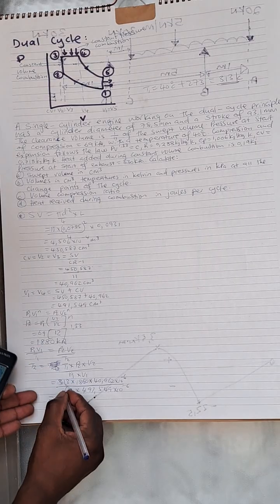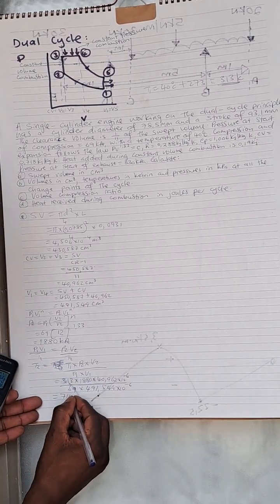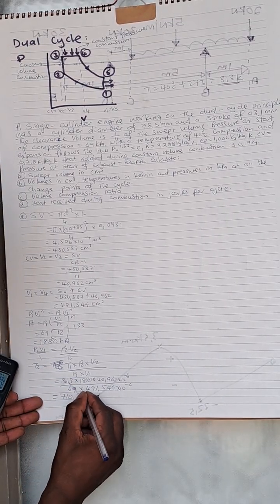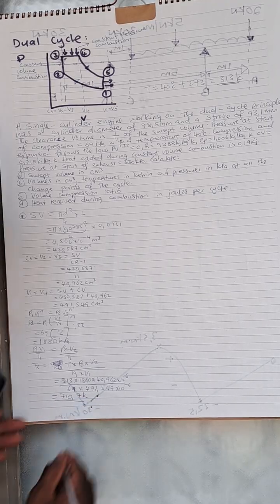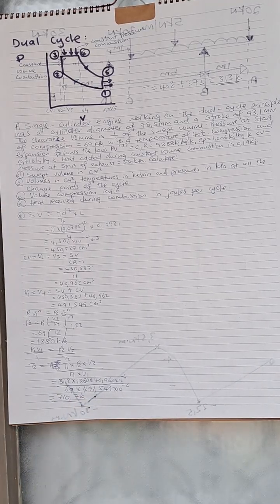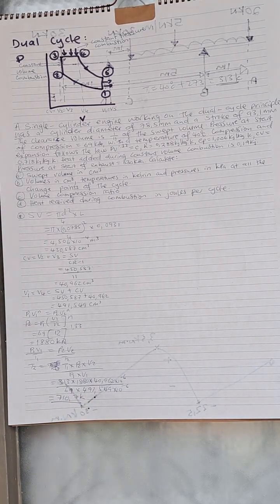So I'm getting my T2 as 17.7 Kelvin. So we have our P2, we have our T2.